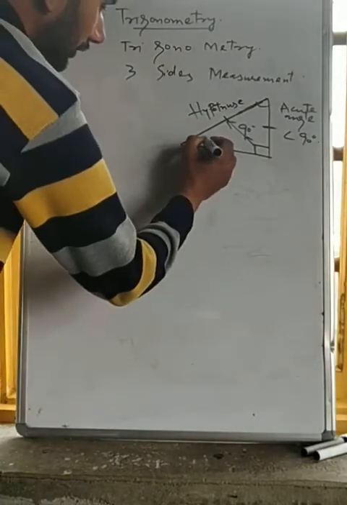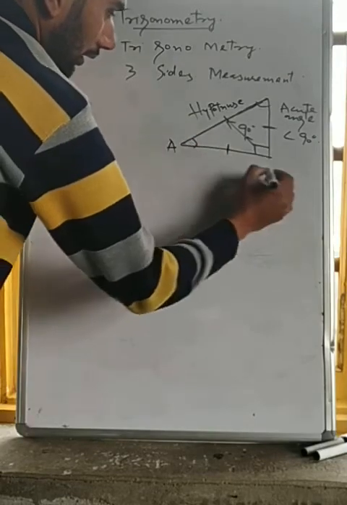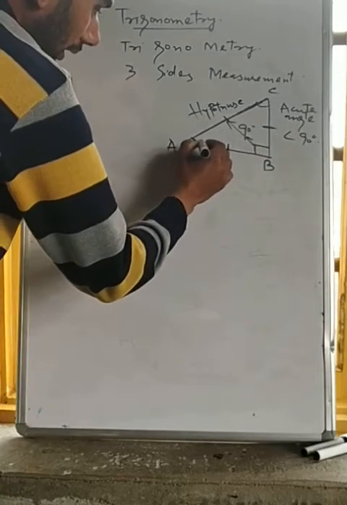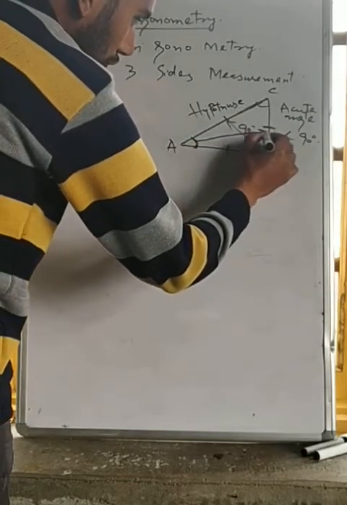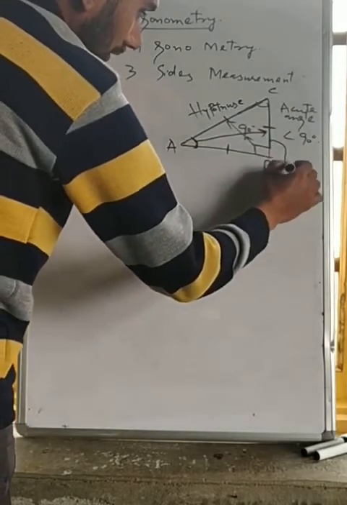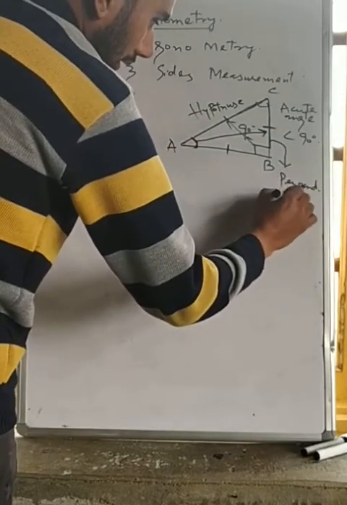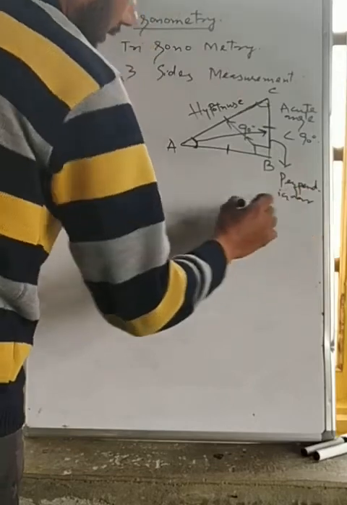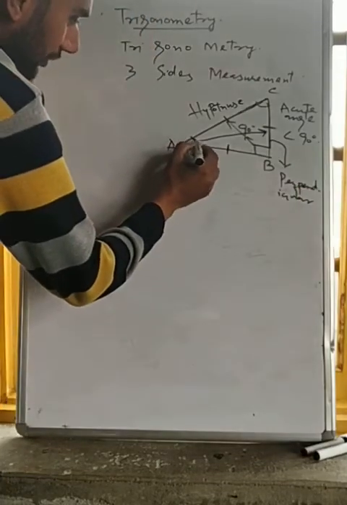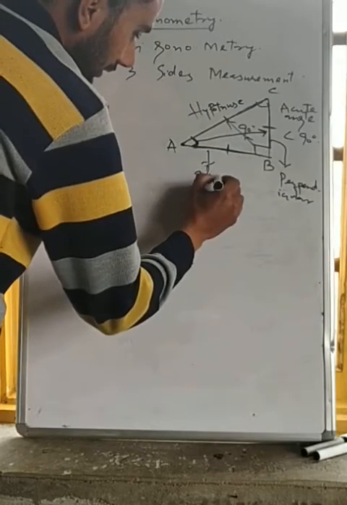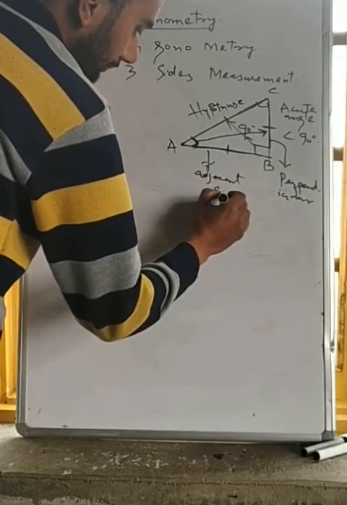For example, if we take this angle ABC, if we talk about the angle A, the side which is exactly opposite to this angle is always called perpendicular. And the side which is next to it, the adjacent side, is called base.